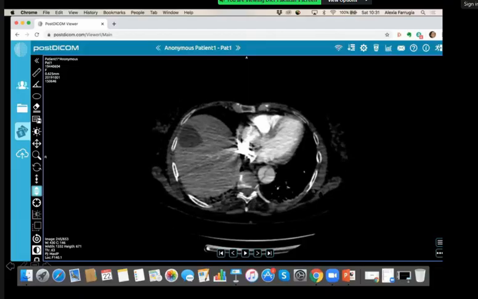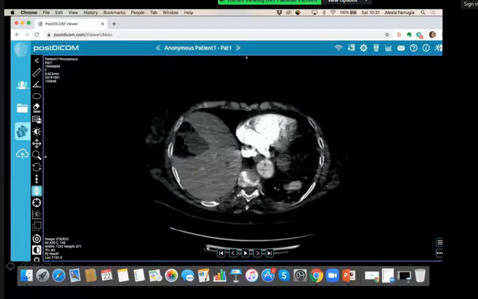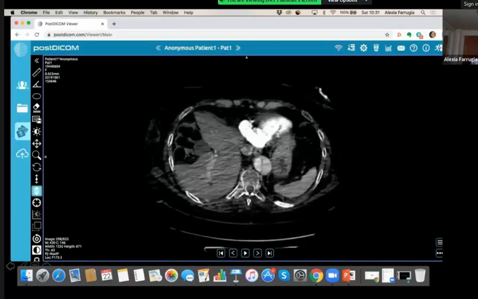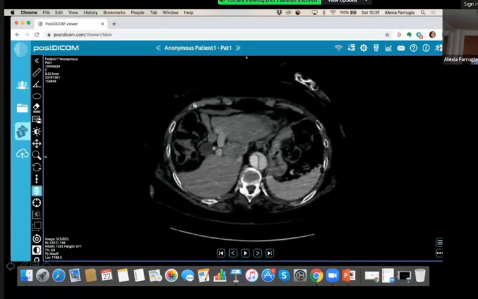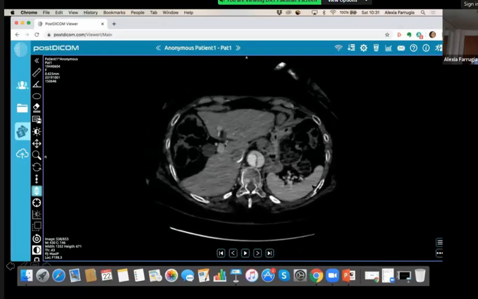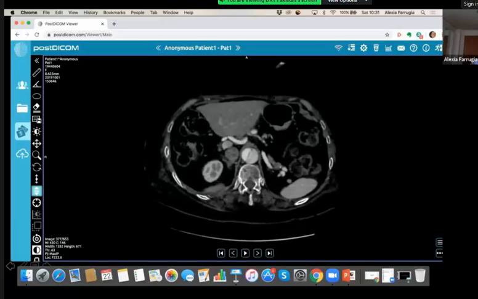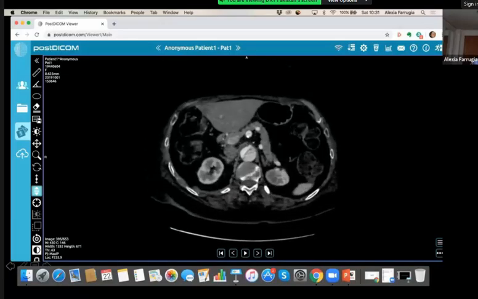I'll have a look to see if it involves any of the abdominal aortic branches, such as the celiac or SMA. Okay, so let's look at those branches. That's the celiac there.